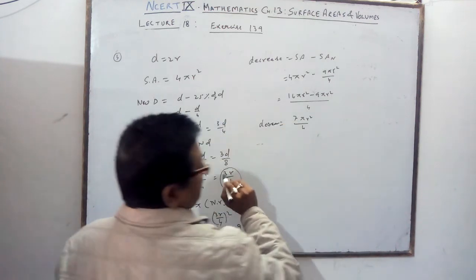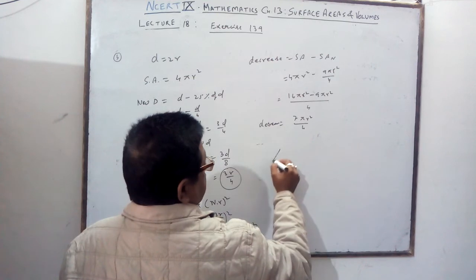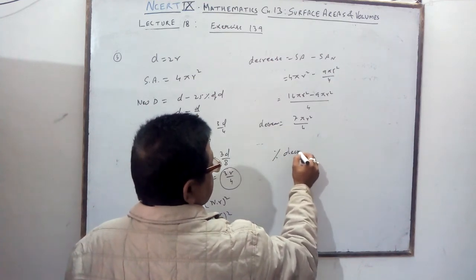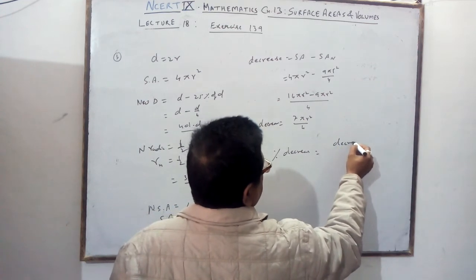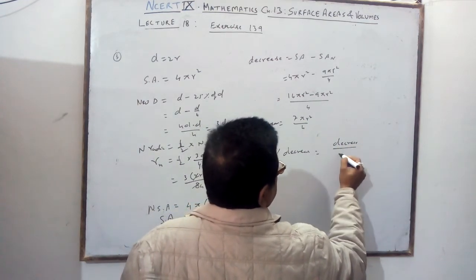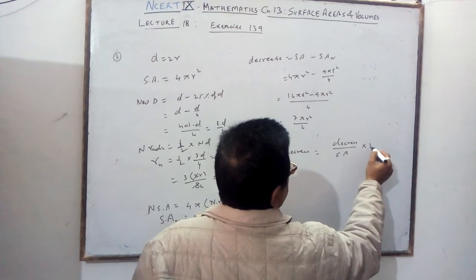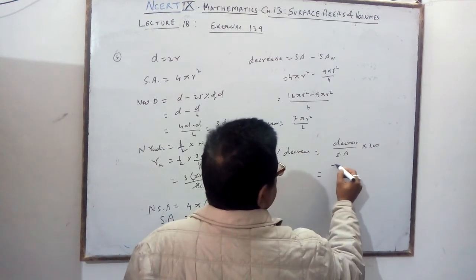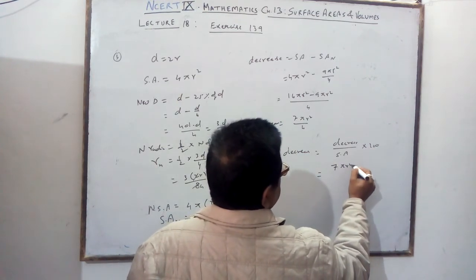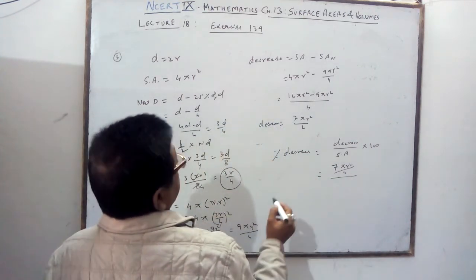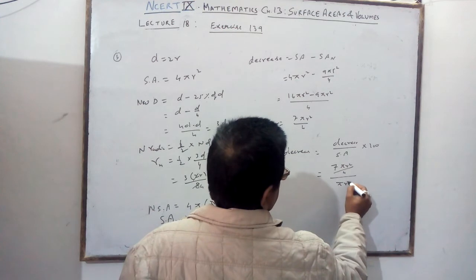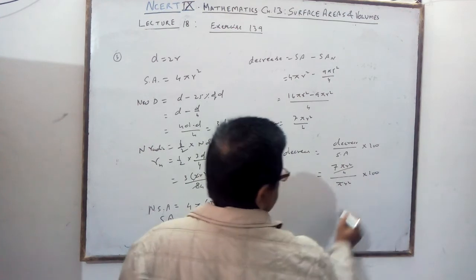Now percent decrease is decrease upon surface area into 100. The decrease is 7 pi r square by 4 whole upon the surface area 4 pi r square, multiplied by 100.